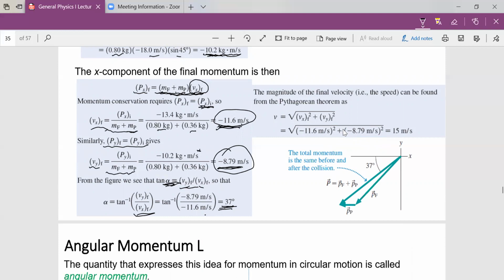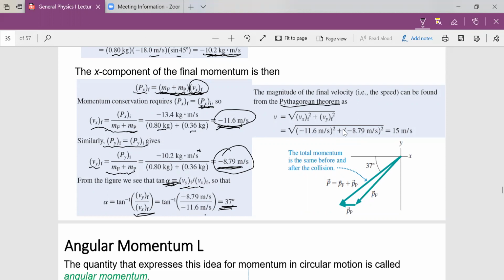All right. So for the magnitude of the final velocity for the two, if we have the x and y components, we will now use the Pythagorean theorem to arrive at just one value that we put as the final velocity.